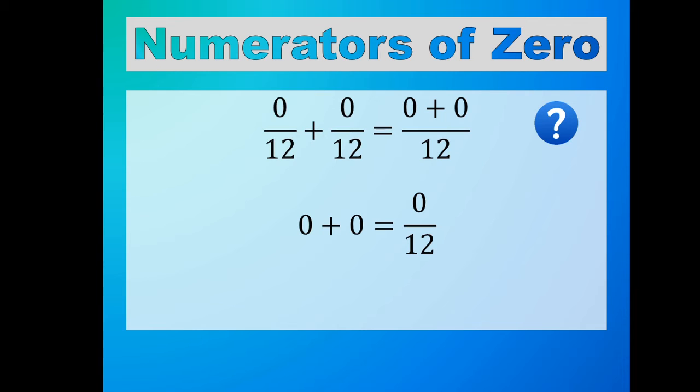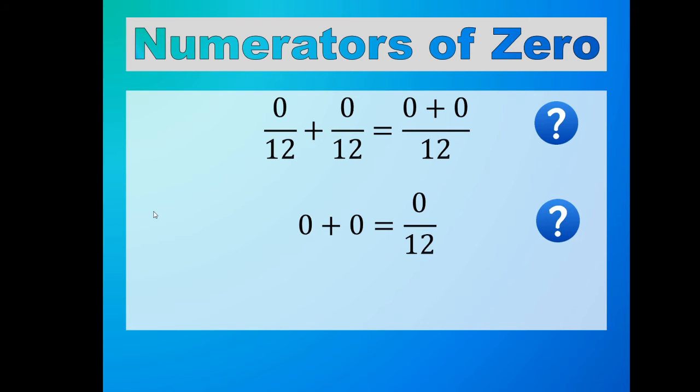In the next set of videos, I plan to go over common rules that involve 0 and to explain the why behind. On the right side, I exchanged a 0 plus 0 for 0. Anything plus 0 is that anything, and therefore 0 plus 0 is equal to 0.